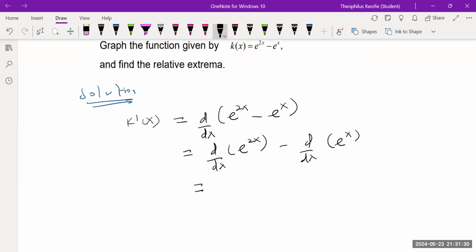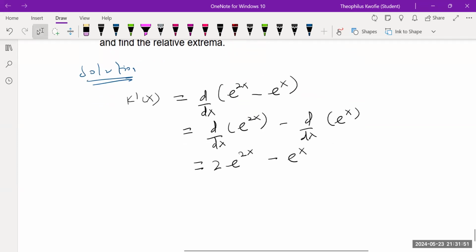Now, what is the derivative of 2 to the power 2x? That should give us 2 multiplying 2 multiplying e to the power x, I mean the derivative of the special exponential function is always itself, okay? Good. That's what we said.